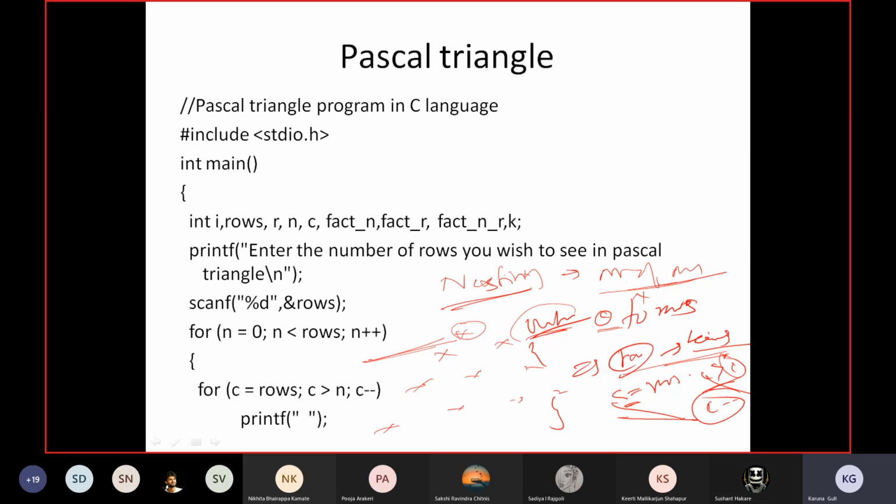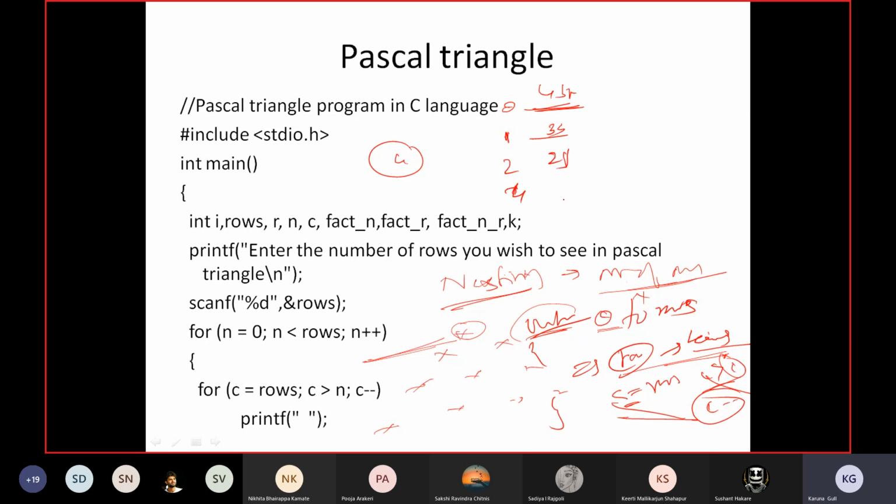Every time the number of spaces is going to reduce. Correct? For the first case, the number of spaces is more. If you are standing on the first row, the 0th row, and there are 4 lines that you are interested to print, then you have to leave 4 spaces for the first case. On the second, it is 3 spaces, then 2 spaces.